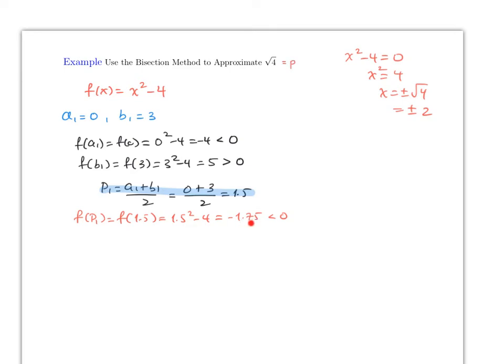Now, since this is negative, and a1 is also negative, that means that the new value for a is going to be 1.5. So the answer has to be now between 1.5 and 3. So from here we have that a2 is now 1.5, and b2 is going to stay as 3, or that the solution p is going to be between 1.5 and 3.